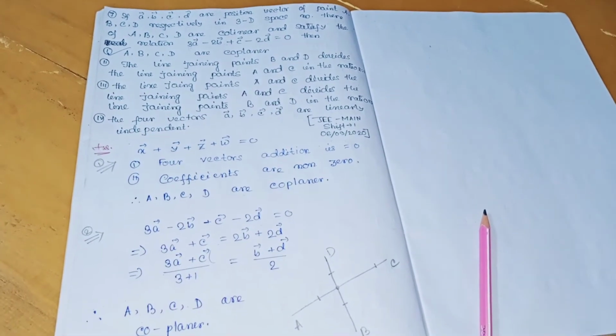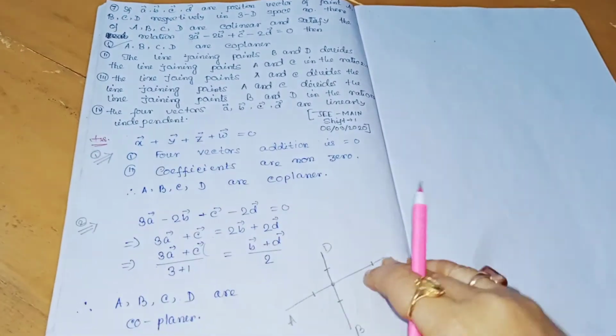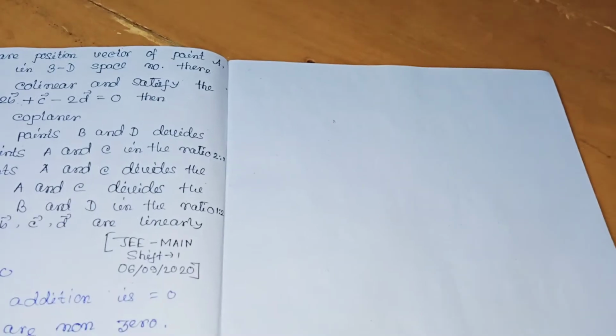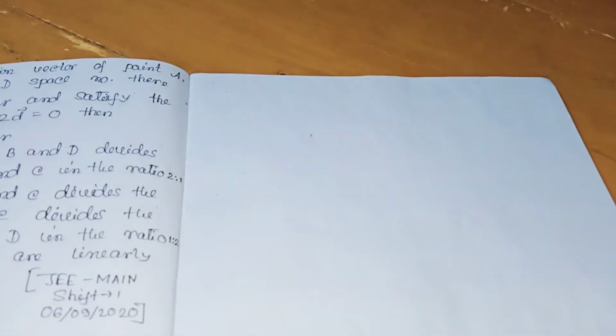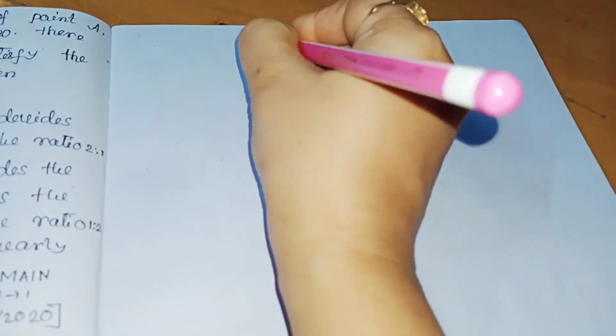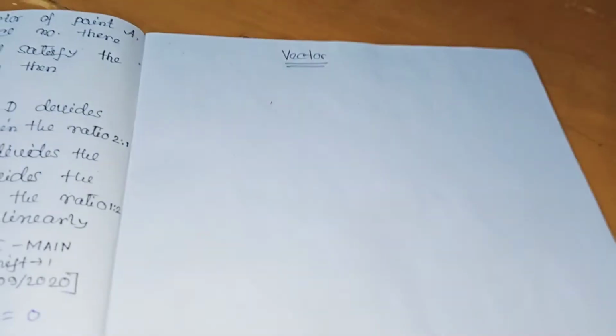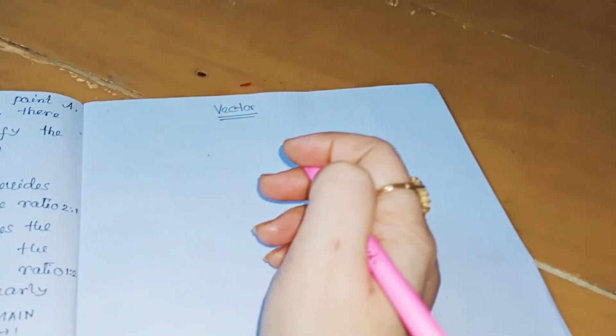Now some important discussion about vectors. What is a vector? So at first, let's study what is a vector. Just learn, a vector is a quantity with magnitude and direction.